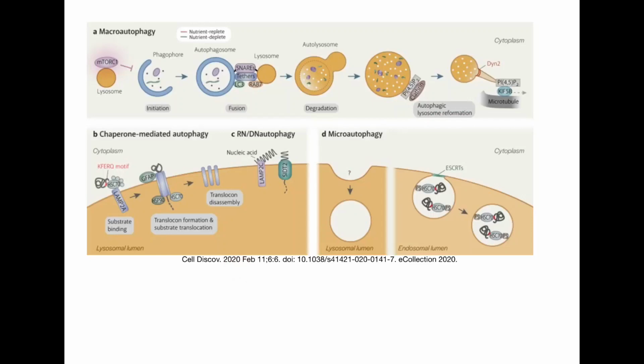But notice what's going on here is it's not exactly fusion, and it's not budding the way we're used to, where something buds out into the cytoplasm from a vesicle. This is budding into the lumen of something, producing a region of the cytoplasm that's now enclosed in a membrane, and all of that is in the lumen.